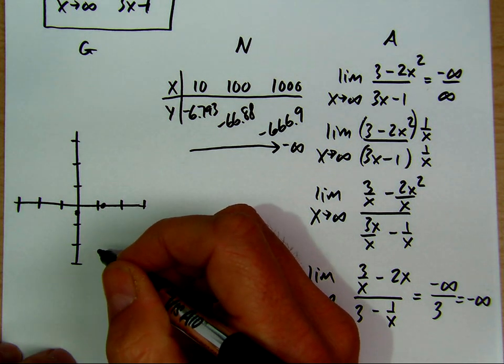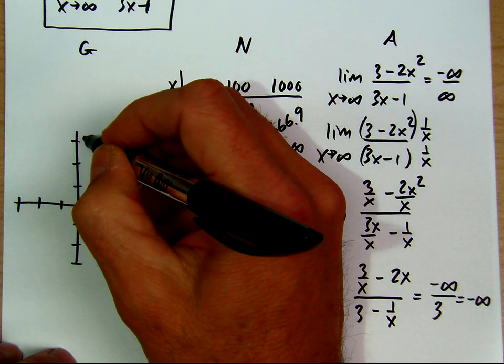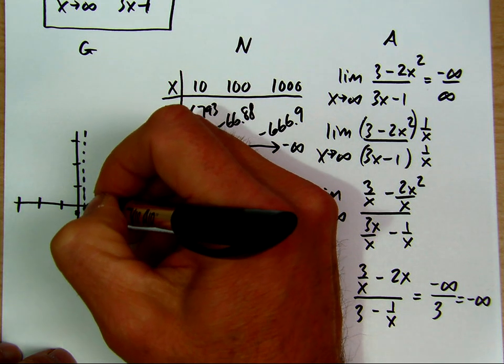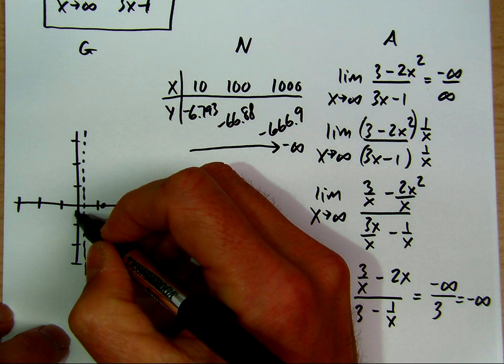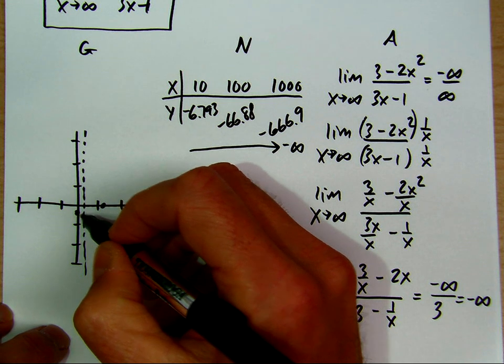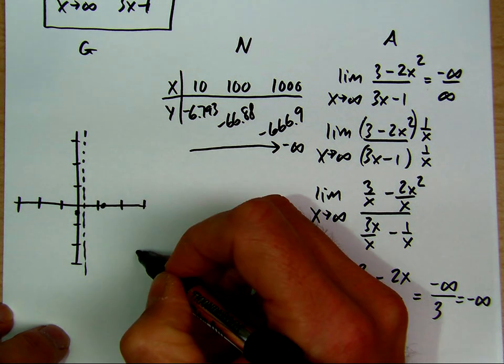And so this has a vertical asymptote around here, and it has a slant asymptote going through this point out to about here.